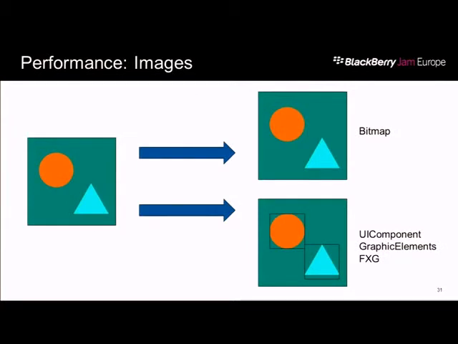And when you have an image, you can use two types of visual objects. When you have to represent some composition on the screen, you can have a UI component, a graphic element, or an FXG graphic, or maybe just a bitmap. This is based on what you need.